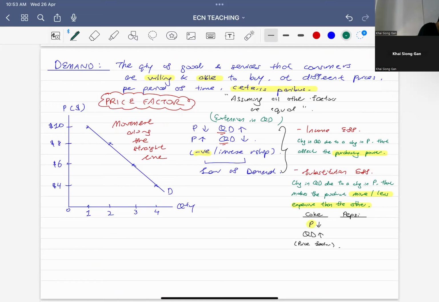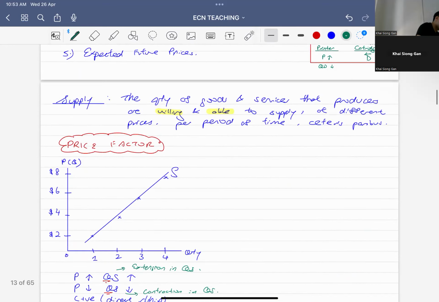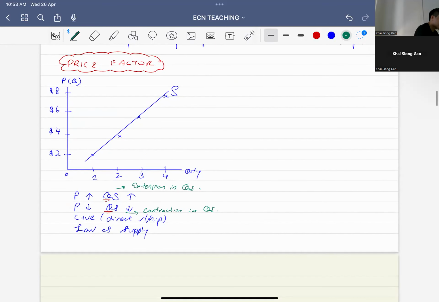When quantity demanded goes down, it means contraction in quantity demanded. Just some terms. So same here, when quantity supplied increases, we call it extension, and when it decreases, it means contraction in quantity supplied.